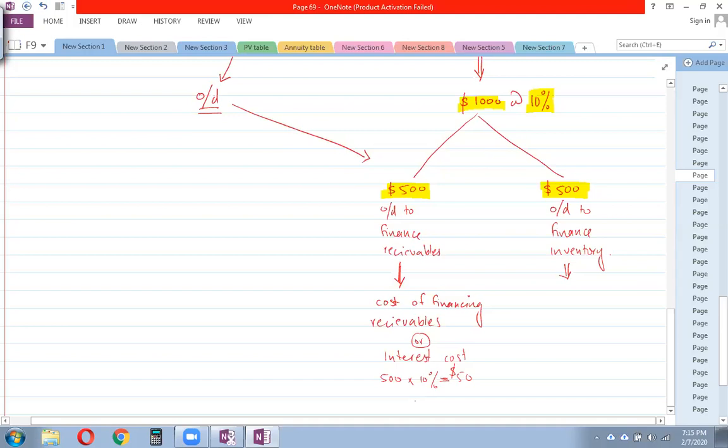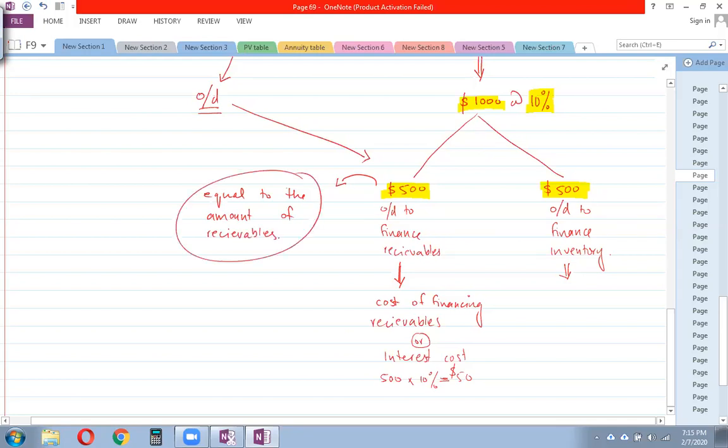Now, how much are you going to finance for the receivables? Well, that should be equal to the amount of receivables.